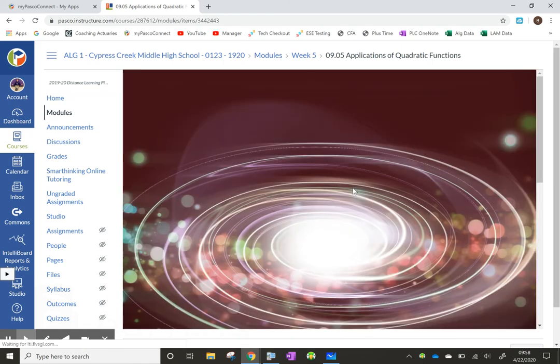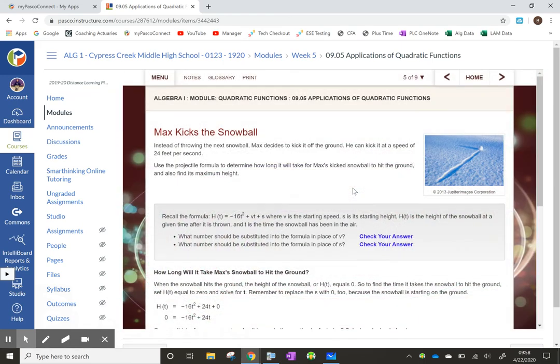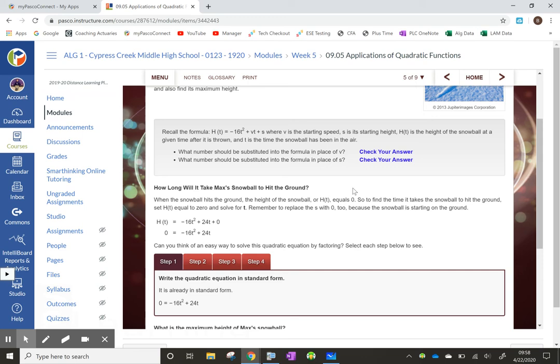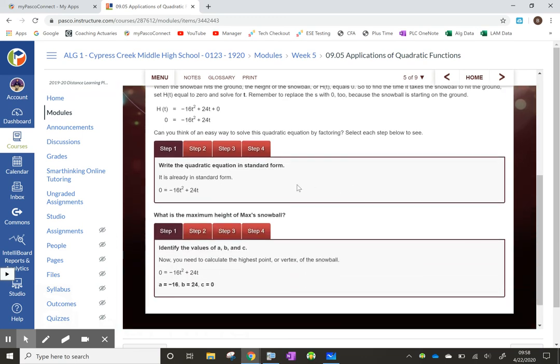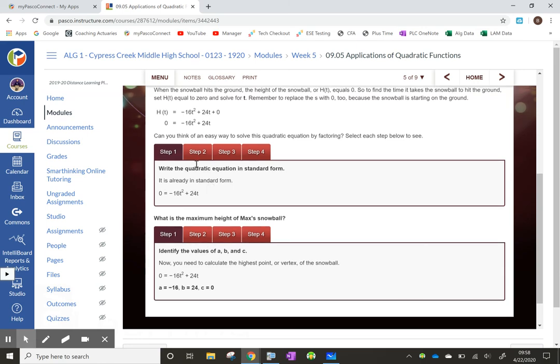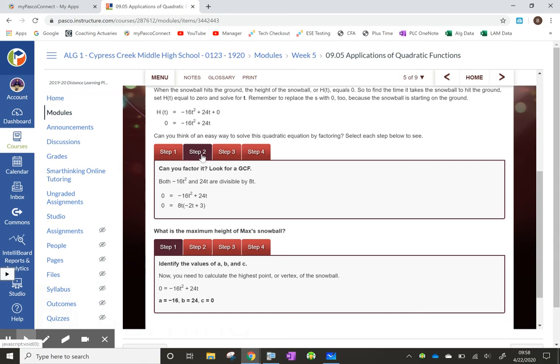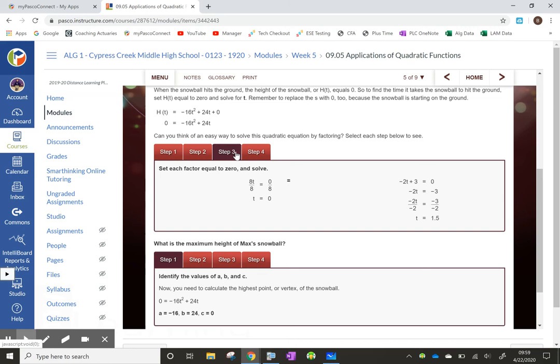Okay, I don't know if there's too much more to this. Let's see. No, I mean, we talked about this one in the last video as well. It's easy to do this one if you factor it. It doesn't have a C value, so you could just factor out a GCF. So, factoring out a GCF, I would have factored out a negative personally, but, to each their own, I guess, and you can solve it.